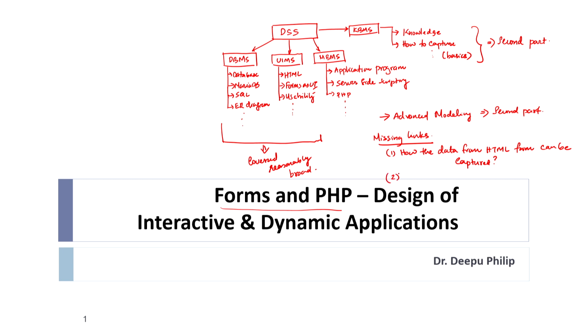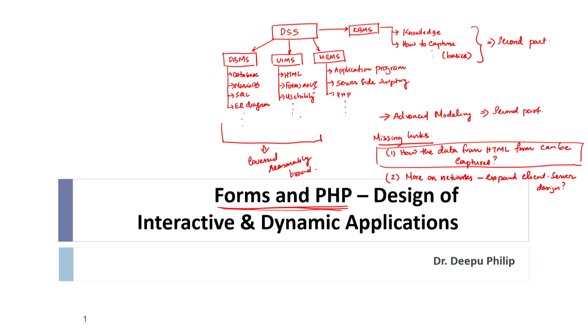The second question we will have is more on networks, expand client server design. So this was a question asked by a lot of people. Why did we choose the server side model and stuff like that? So the first lecture, this lecture, we are going to focus on how the data from the HTML form can be captured. So that's why it's called forms and PHP.